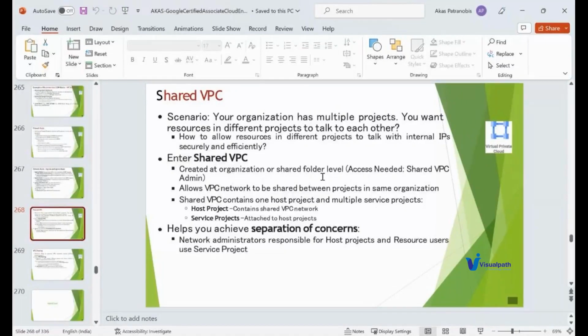It's not very complex if you have understood VPC peering. The logic works in the same way. Only one thing is you have to have the organization and folder structure already present, and the proper privileges have to be given. Only this is the constraint over here. Okay, let's move on.